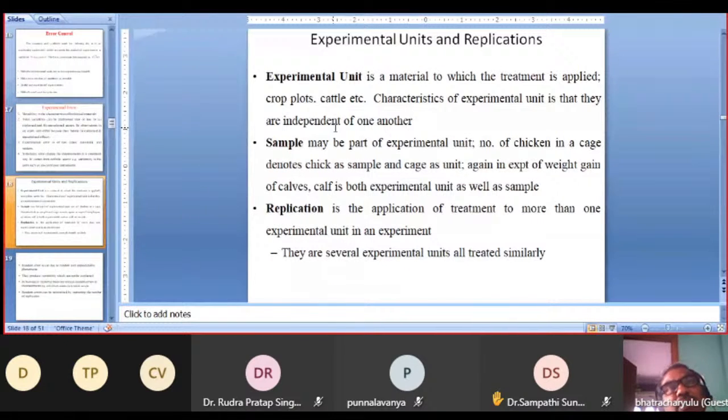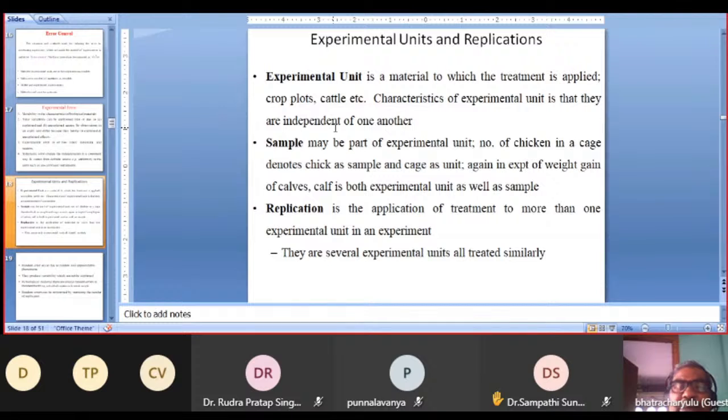Now, whenever we are conducting any experiment, we are mainly using some basic terminology: experimental unit, sample, and replication. The experimental unit is the material to which the treatment is applied. It may be in agricultural experiments, a crop or flowers, or cattle, whatever experimental material I am using.